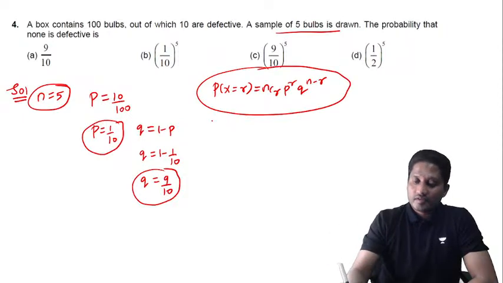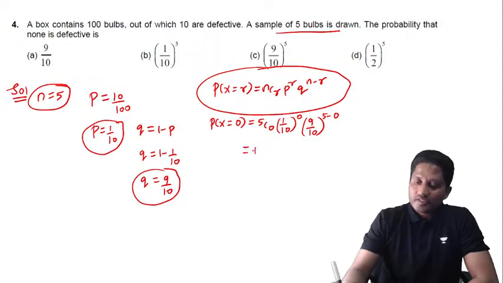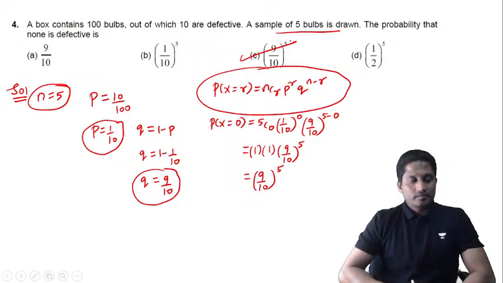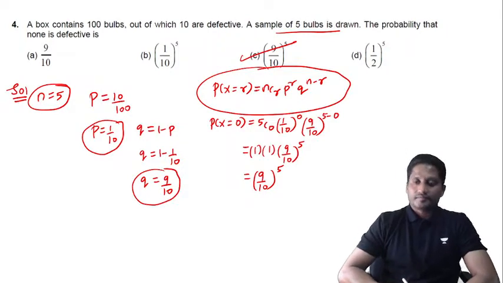None is defective, so probability of X equal to 0 is 5C0 (1/10)^0 (9/10)^(5-0). 5C0 is 1, (1/10)^0 is 1, so it is (9/10)^5. Answer is option C. Isn't it, Prajwal? Answer will be option C only.